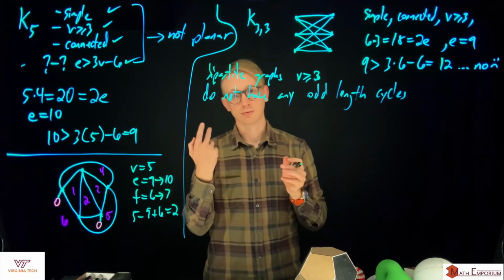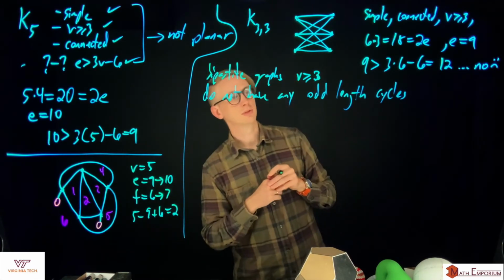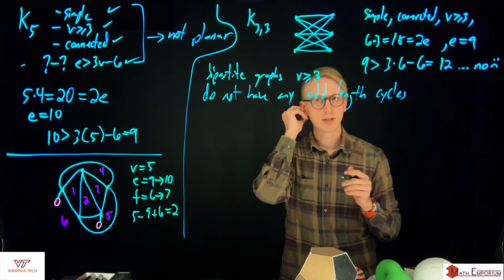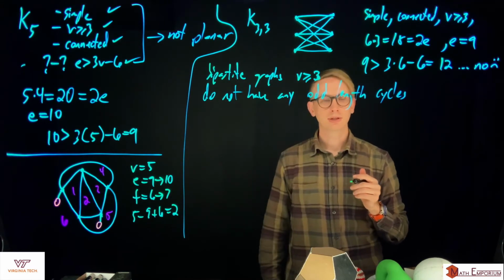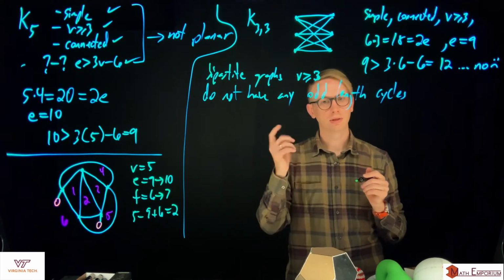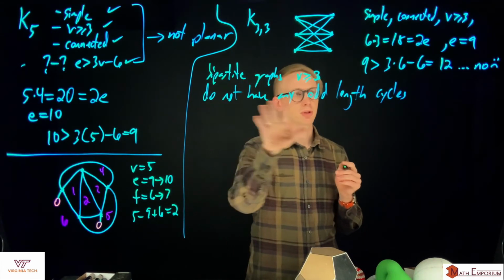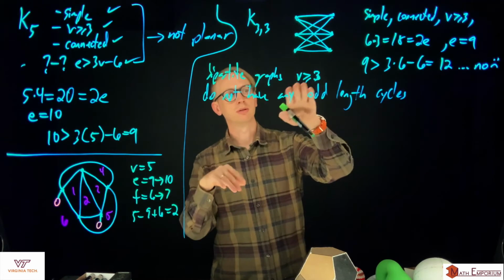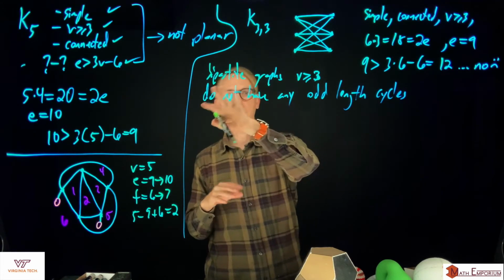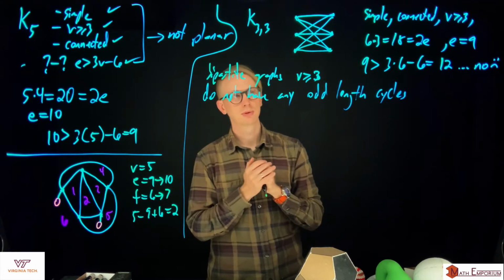So they don't have any cycles of length 3, so they can't have any triangles, for instance, or odd degree faces. And they're not going to have any cycles of length 1 and 2. This is a property of just bipartite graphs in general, so you don't need the b greater than or equal to 3. Bipartite graphs just don't have any odd length cycles.